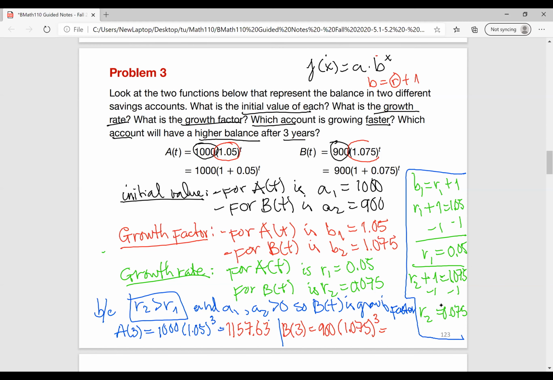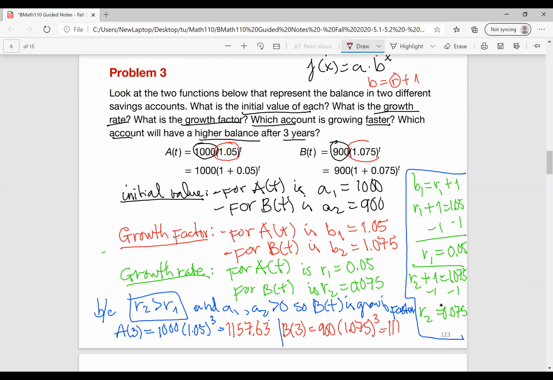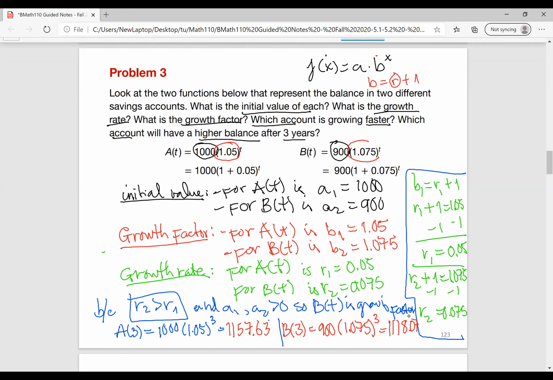And for the B of 3, you will have 1118.07.